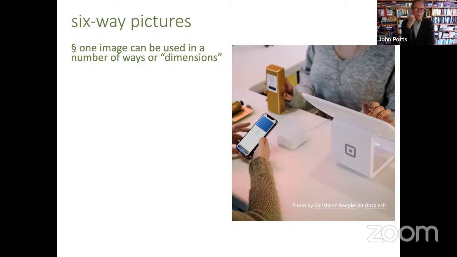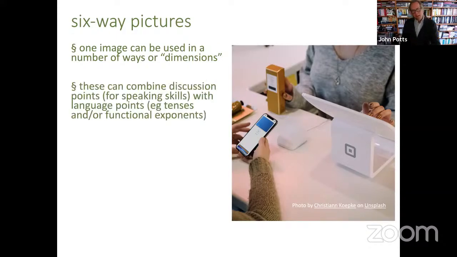So we can look at a picture and do different things with it and look at it in different ways, rather than just the picture has a meaning. Yes, perspectives, yes. So these different ways of looking at a picture, these different dimensions, could be a combination of things, like a combination of discussion and language, for example. So we can develop some discussion points for speaking out of the picture, but also some language points.